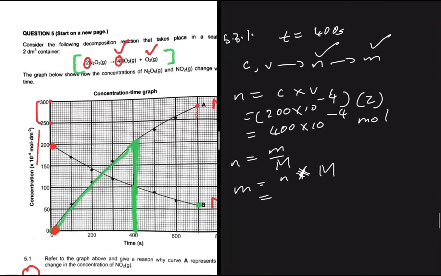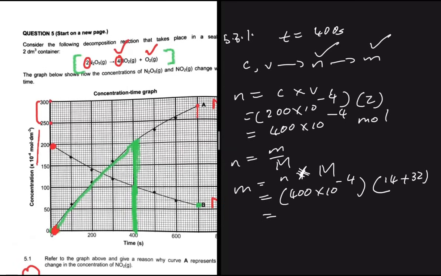This will be equal to, so what's our number of moles? Our number of moles is 400 times 10 to the minus 4, and then the molar mass of NO2. The molar mass of N, nitrogen, is 14, and the molar mass of O2 is 32. Right, now we are multiplying those two numbers we have right there. Let me just do that real quick and see what I get.